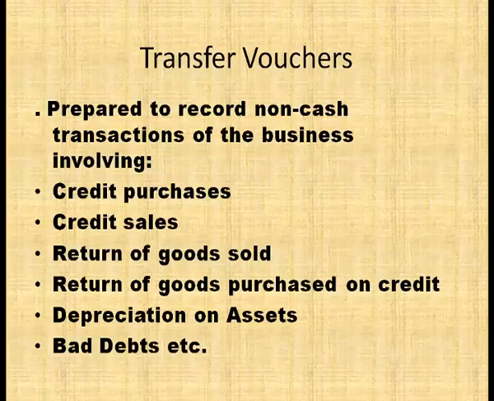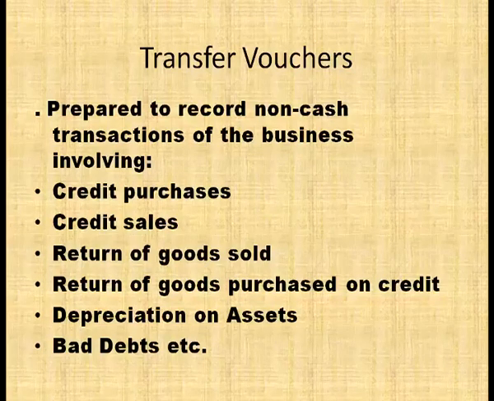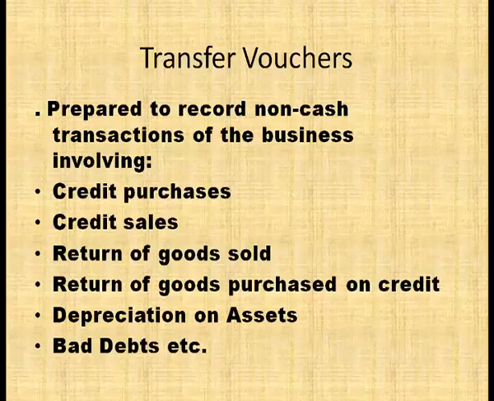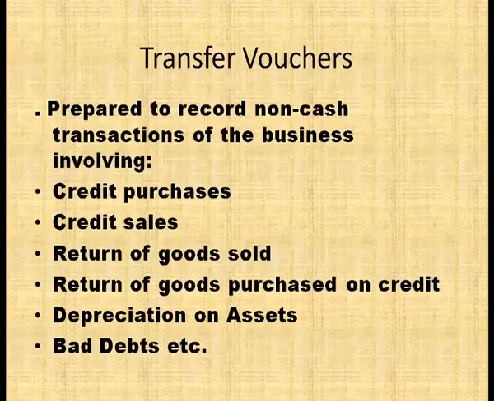When there is a credit purchase, cash is not going outside the business or coming inside the business. Credit sales. Here also, the cash factor is not at all coming into that transaction. Return of goods sold. Goods are going, with no mention of cash, so this can be included in transfer voucher. Then, return of goods purchased on credit.